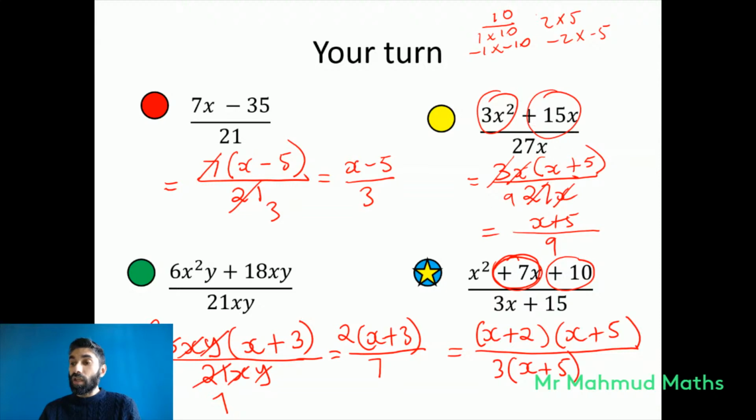Because they're both common expressions, we can cancel them out. Basically we're dividing the top by x plus 5 and the bottom by x plus 5, and that leaves us with just 1. So that's left us with x plus 2 over 3. And I think someone did mention x plus 2 over 3.